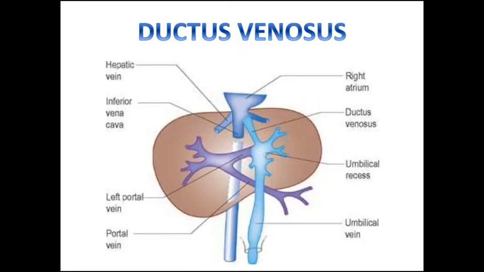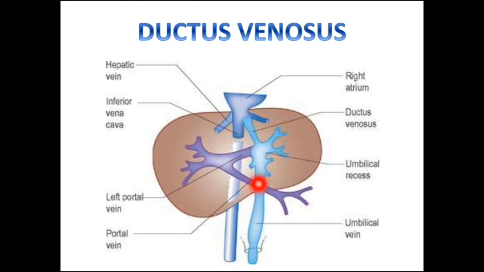Then the next structure, the fifth structure which we need to discuss, is the ductus venosus. As the ductus arteriosus meant the connection between two arteries, here the ductus venosus means the connection between two veins. Now we have to see which are those two veins which are connected. So if you see here, this light blue color vein is the umbilical vein.